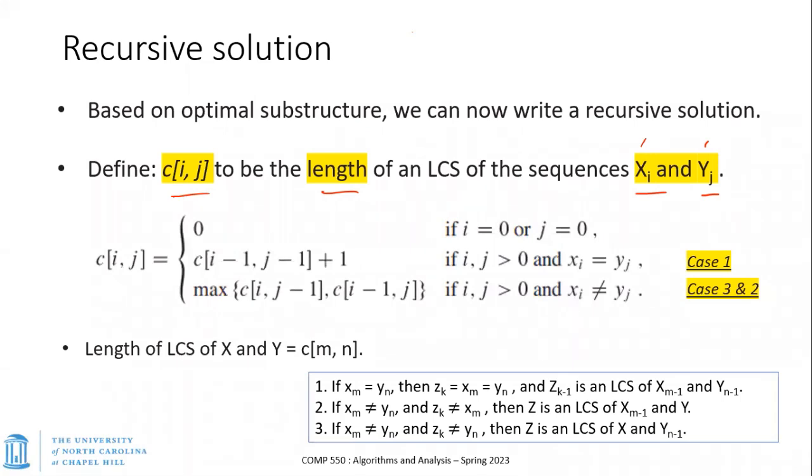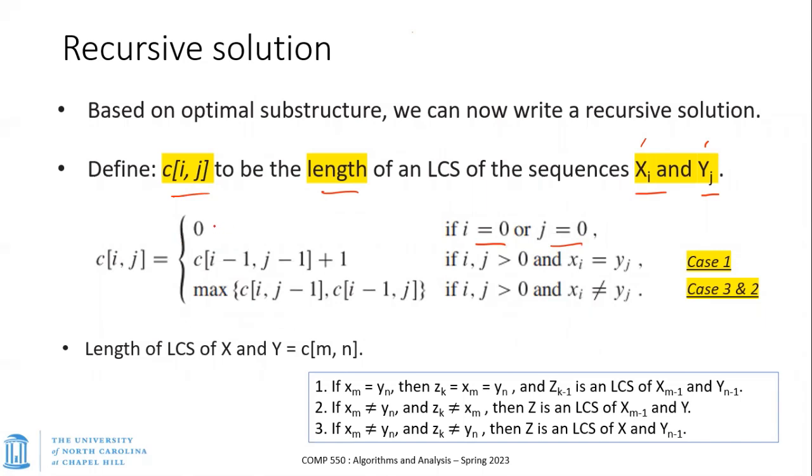For x it's i, and for y it's j. We're comparing the initial portions from the left. Cij is the length of the longest common subsequence. So what happens if i is equal to 0 or j is equal to 0? Clearly that implies that one of those strings is a null string, so the longest common subsequence is going to be 0.